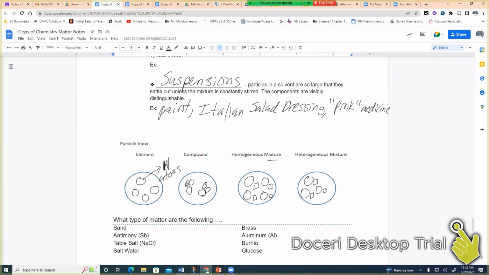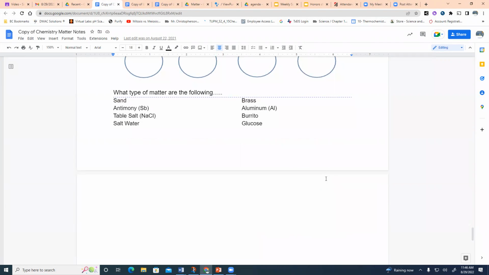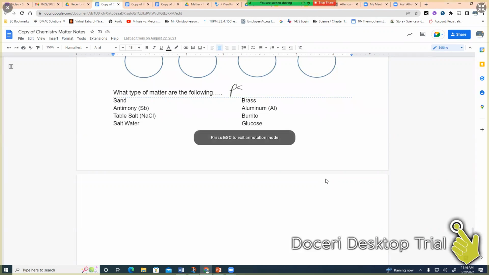All righty. So let's look at these examples and say what they are. Let's classify them either as a pure substance, or we'll say they're heterogeneous, or we'll say it is homogeneous, which is the same thing as a solution. So you can put S if you want to. And B, think of the yucky sand that you get at the beach.